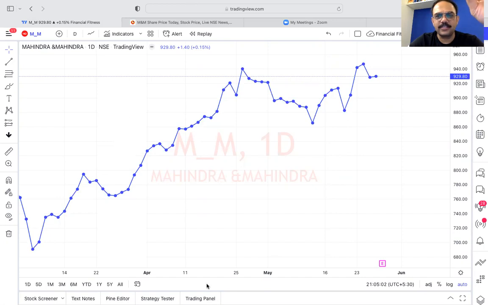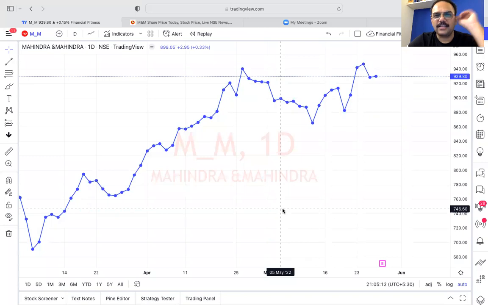It's very easy to open a free account. Has everyone opened a free account on TradingView? Only one yes. Others are thinking, let the others say yes, and my work will get done. Okay. Very few have opened. I would strongly recommend, please open an account in TradingView.